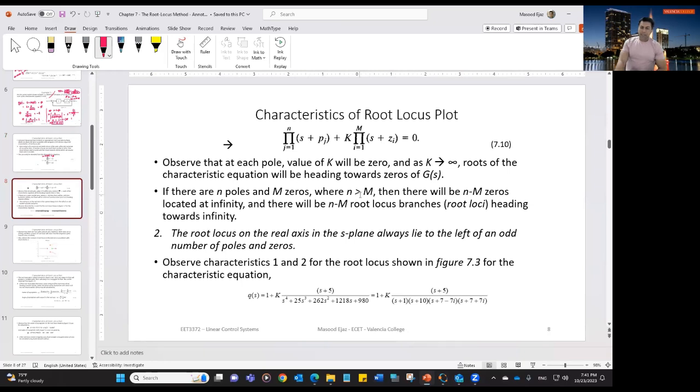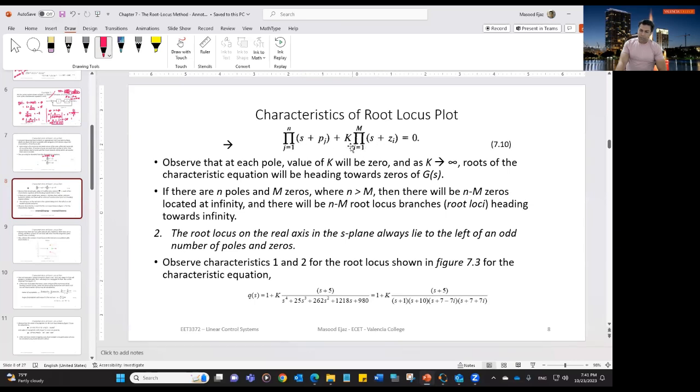So observe that at each pole, the value of k will be 0. Why? Because at each pole, (s plus pj) is going to be 0, so this product is going to become 0. Let's say your pole is s plus 3. So you're going to put the pole at -3. This factor is going to become 0 when you put s equal to -3.